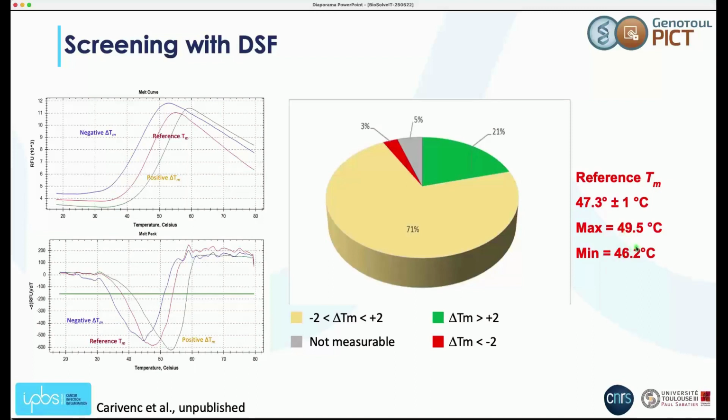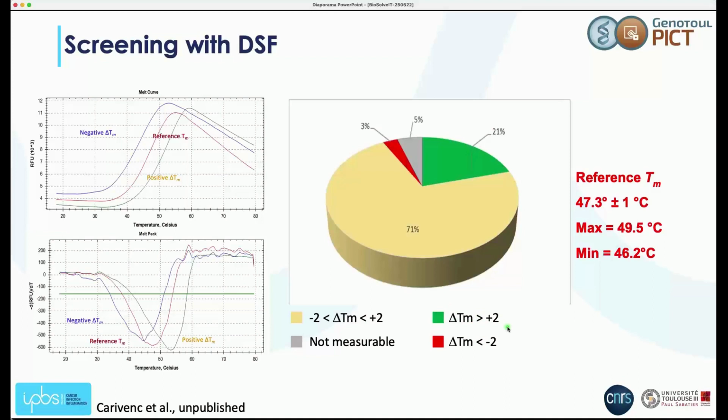So it's nearly a 3 or 4 degrees variation of the TM, even if we compare the values measured from adjacent wells in the same plate. So we were not really confident about the significance of this TM variation.